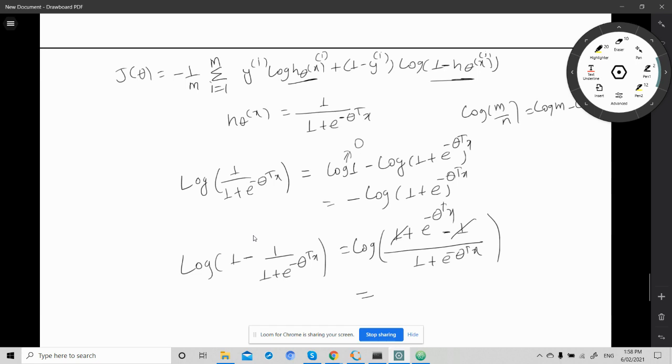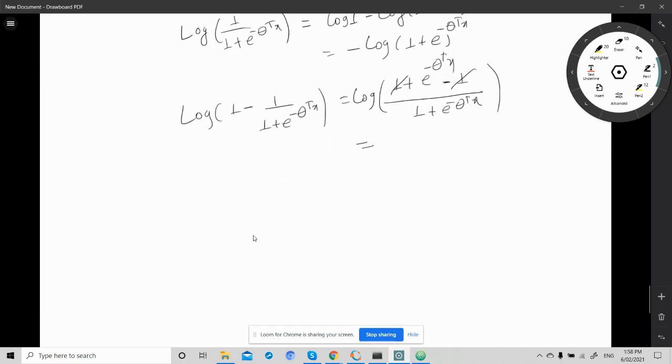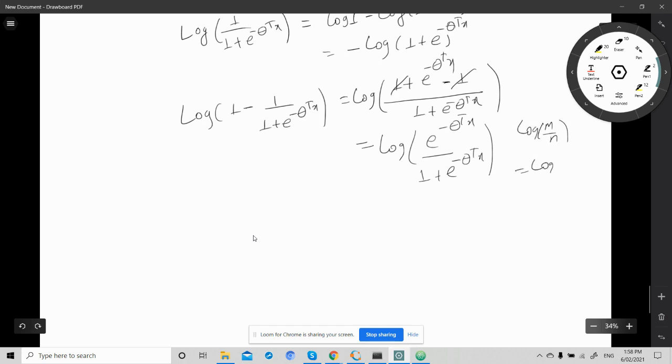Then it will be remaining log of e to the power minus theta transpose of x by 1 plus e to the power minus theta transpose of x. And we know that log of m by n is log m minus log n.